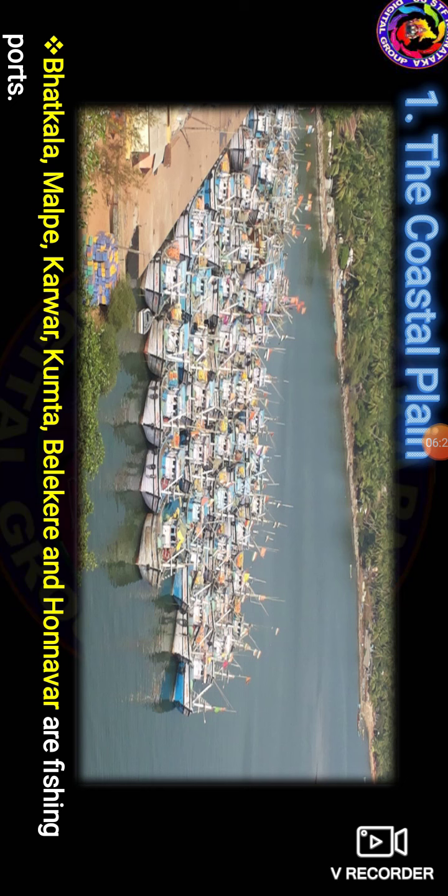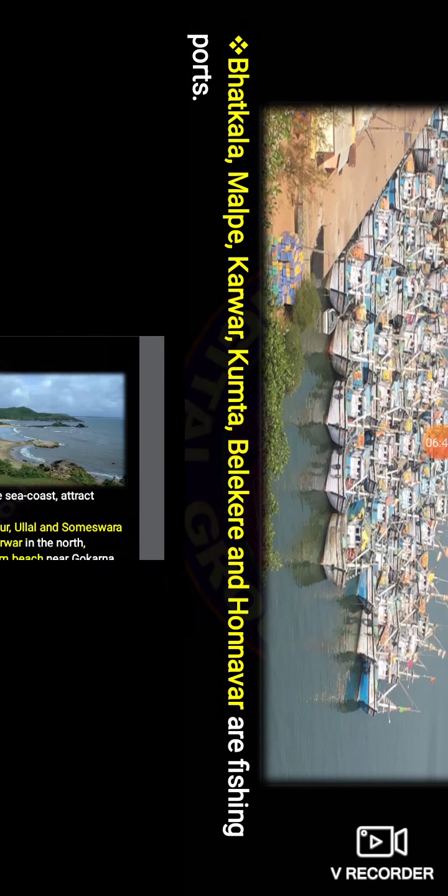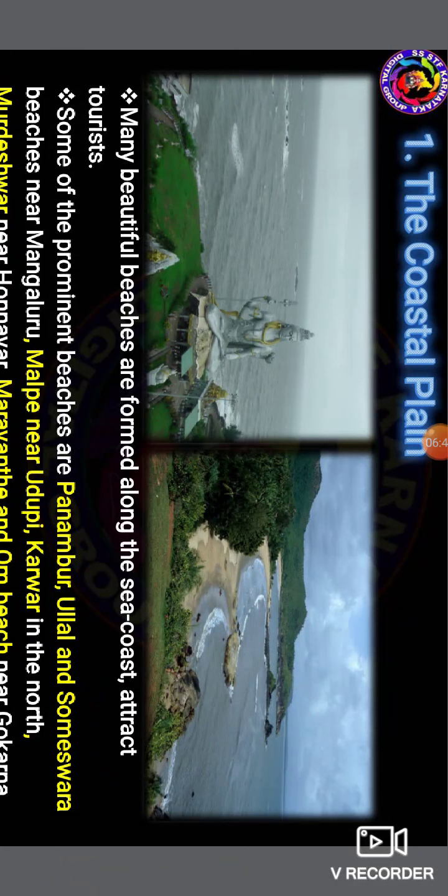Bhatkala, Malpe, Karwar, Kumta, Belekere and Honnavara are the fishing ports. Many beautiful beaches are formed along the sea coast, which attract tourists.